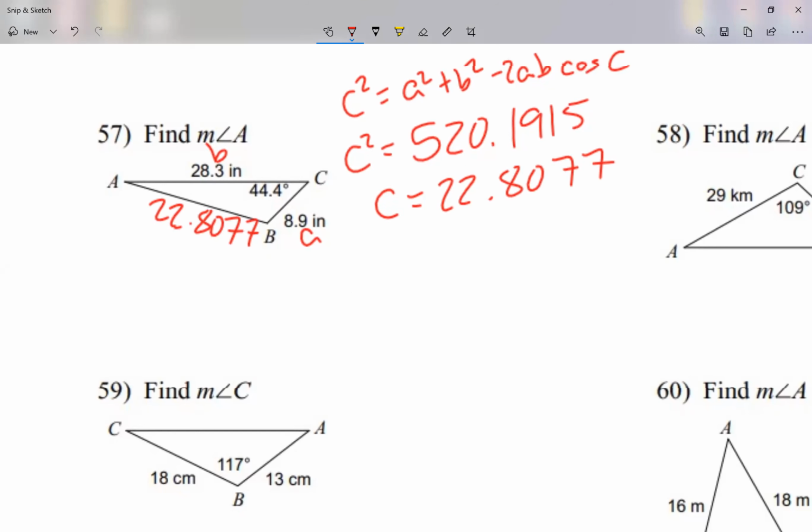I was asked to solve for angle A. For the law of cosines, when I'm asking you to solve for an angle, you're going to use the law of cosines to find a side. Once you find the side, you're going to move into the law of sines.